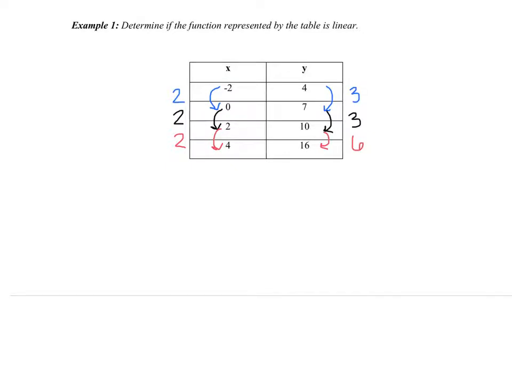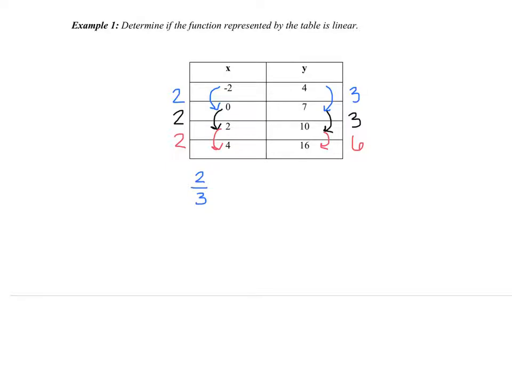Now step 3 is we want to write our ratios using the differences. We're going to write our ratios by using our difference in x over our difference in y. So our first ratio is 2 to 3. Is that simplified? Yes, it is.